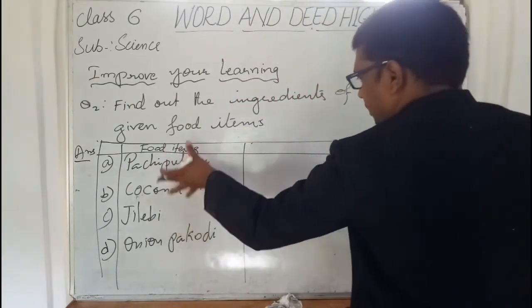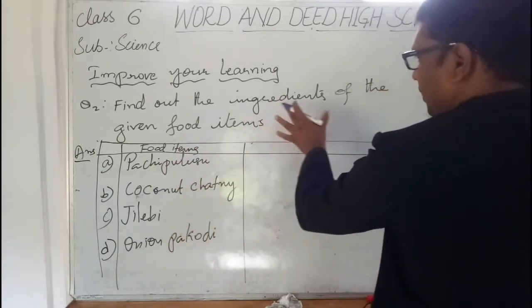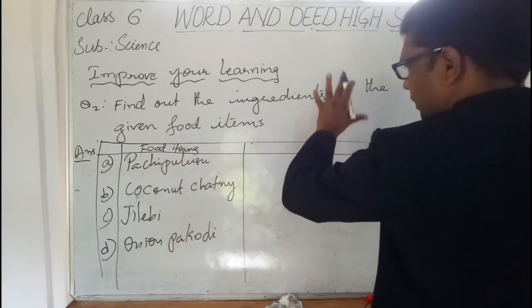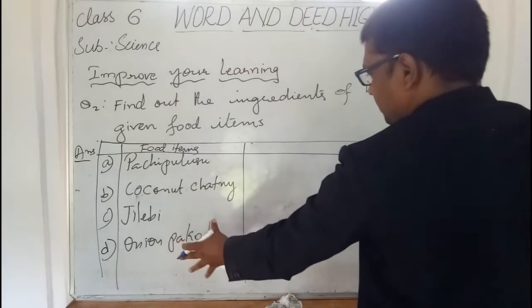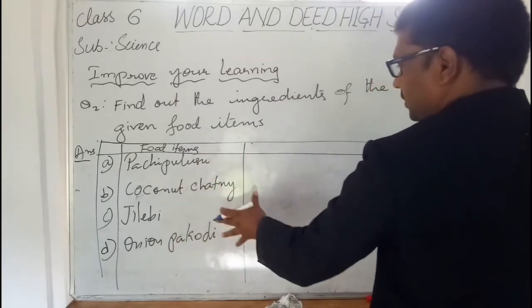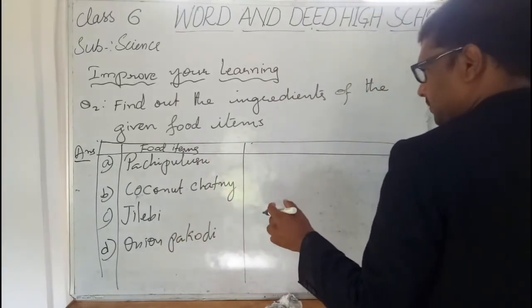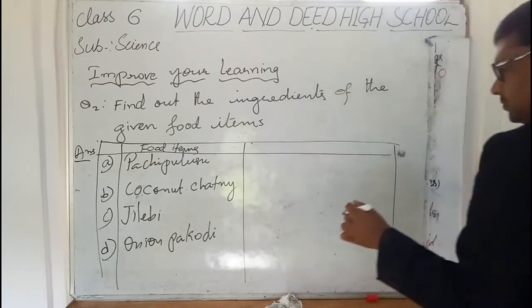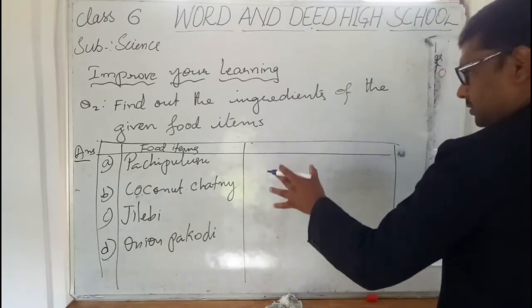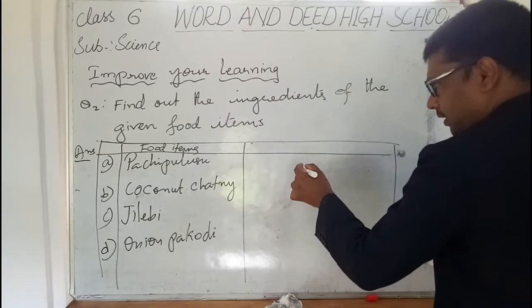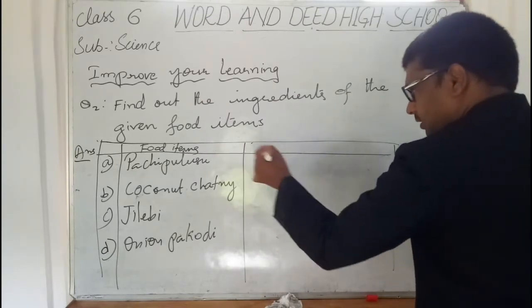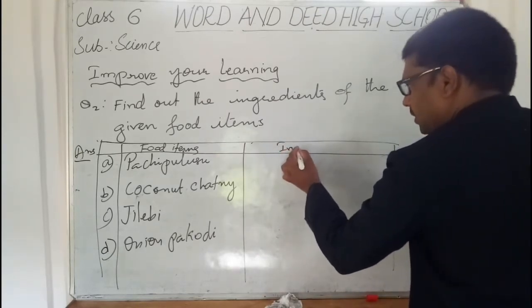Actually, these food item names should come after the question here, and the same food items come in this answer in this table pattern, so that you understand. As there is no place to write, I am writing the same food items in the answers table. You try to understand. And what do you have to write here?